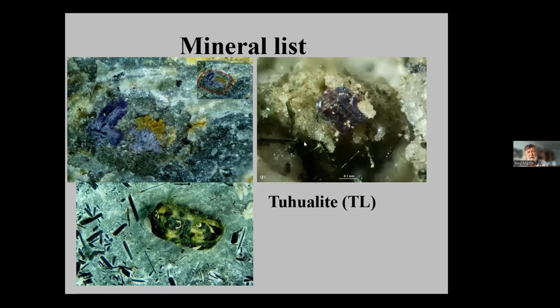You also, this is another pseudo-cubic one. And this one here, again, is actually in an anorthoclase crystal. I've outlined the red up here in this little box, but you can see this sort of grayish white color.